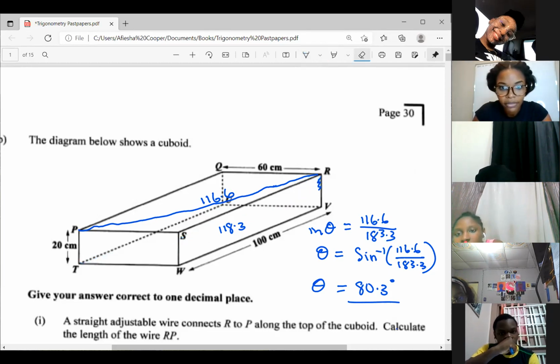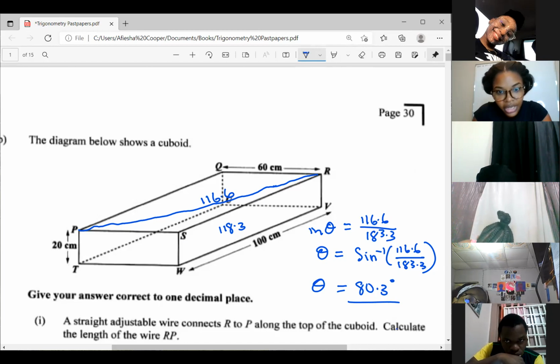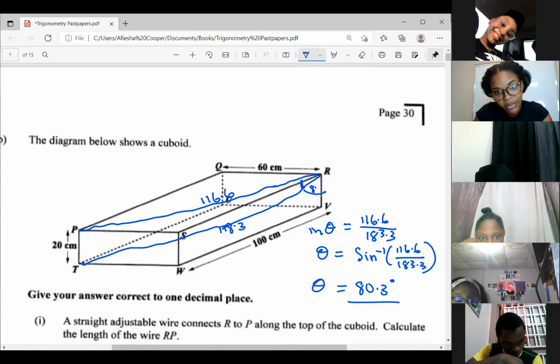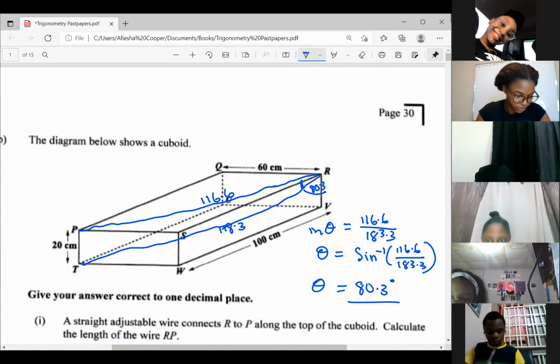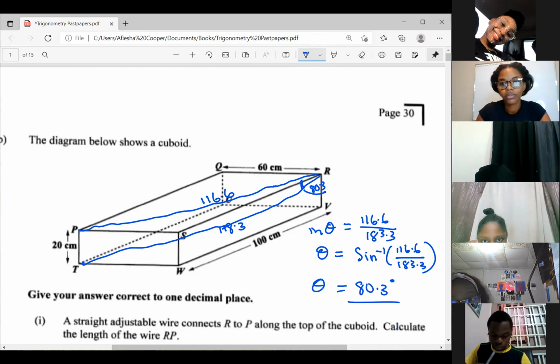So remember, it is going to be from here to here, right? Because it's the top of the box, and we already have here 80.3. So what's the easier way to work that out? Miss, subtract it from 90. Yeah, you could subtract it from 90.